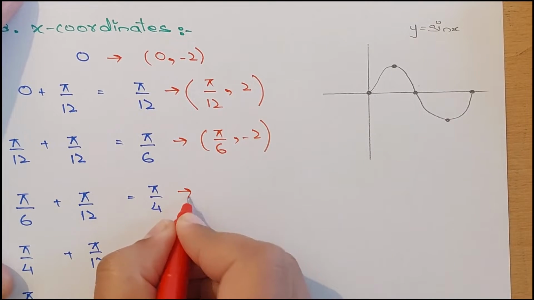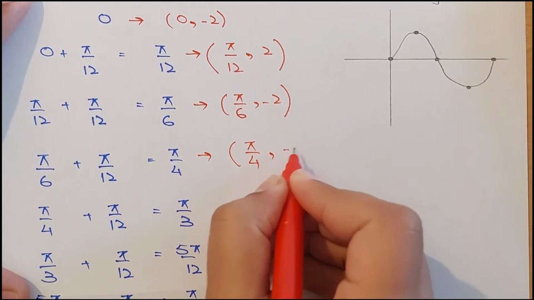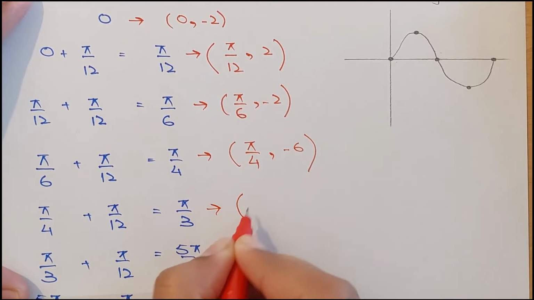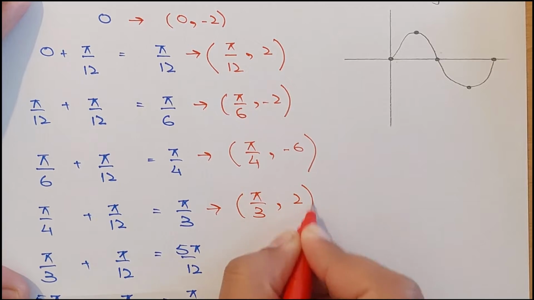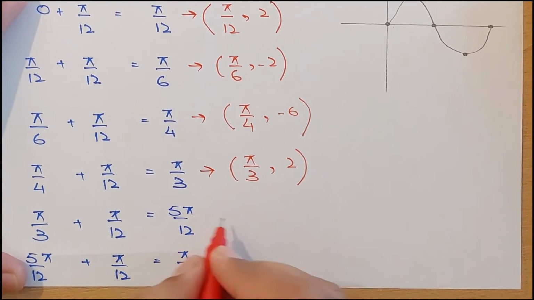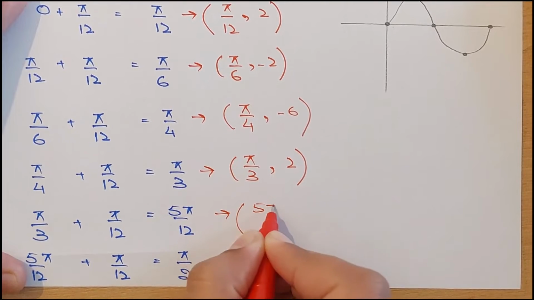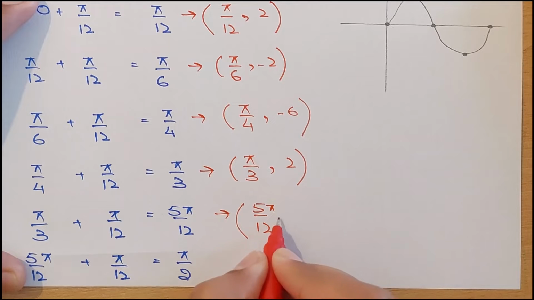Okay. At pi by 4, we have the next point, a minimum point, and the minimum point of our curve is negative 6. So minus 6. At pi by 3, again the equation of x is, so we have 2. This is one complete cycle, right? Okay, again we have to repeat this. So for 5 pi over 12, we go to the maximum.